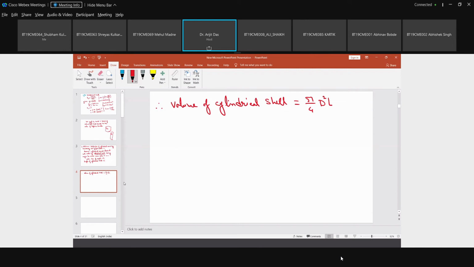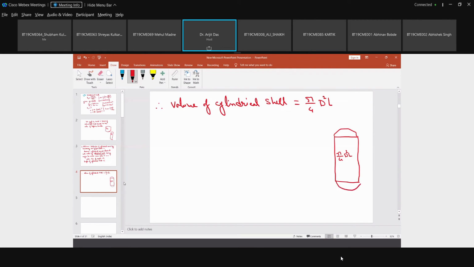This is our volume of the cylindrical shell, but there is elliptical portion having 2:1 major to minor axis.